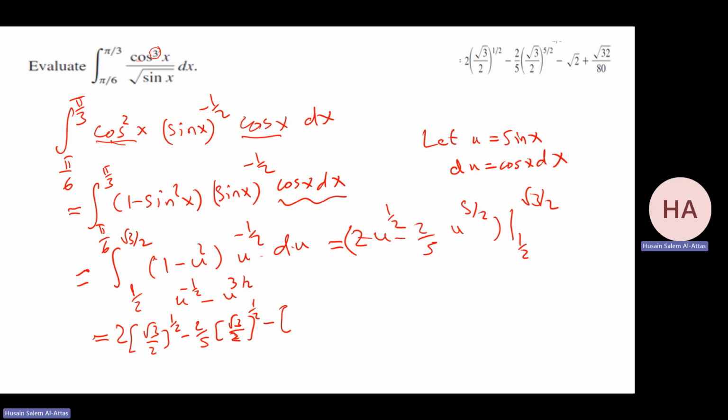It will be 2 over square root of 2, minus 2 over 5 times what? This is square root of half to the power 5. So it's 1 over square root of 2 to the power 5.